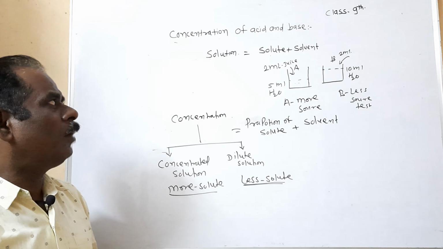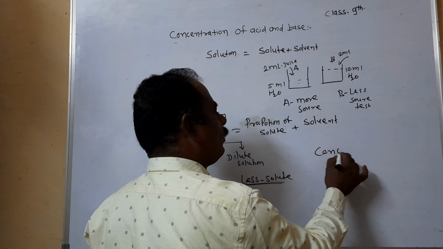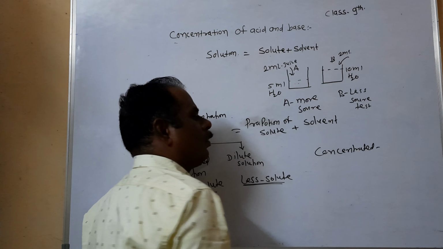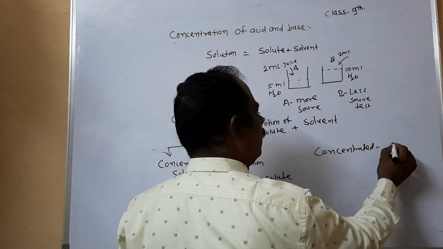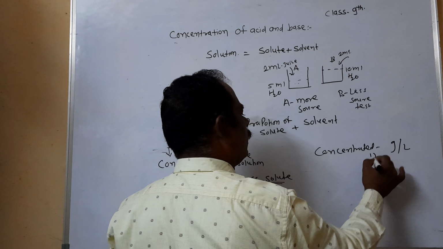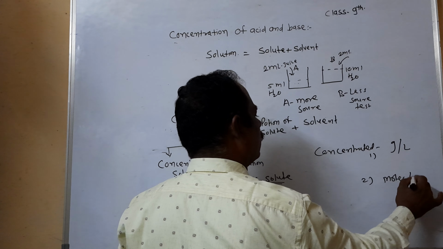And what is the unit of this concentration? Concentration is mainly measured in two units. First is gram per liter, and second is moles per liter.